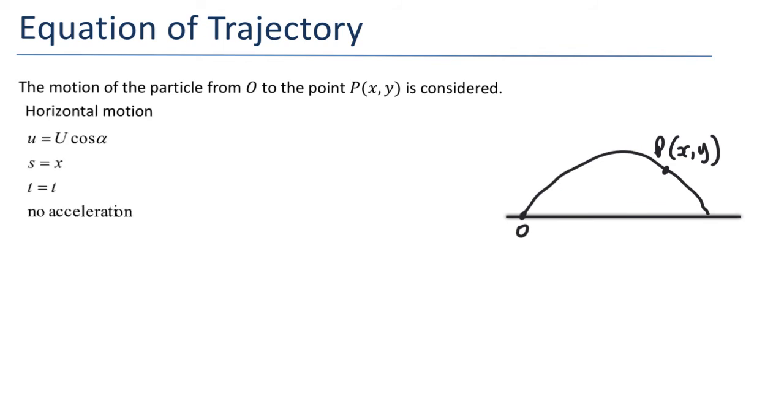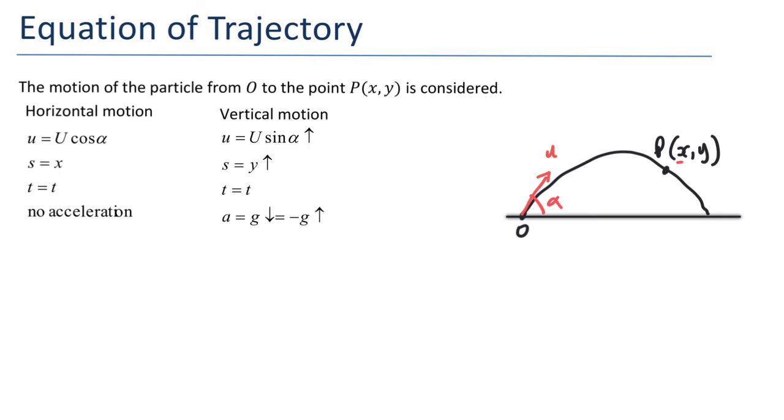So if we consider the horizontal motion equations, we've got a projected velocity of u at alpha to the horizontal. So the horizontal motion will be u cos alpha. The displacement travelled is x, the x coordinate. The time taken to reach there will be t seconds, and because it's horizontal motion, there's no acceleration.